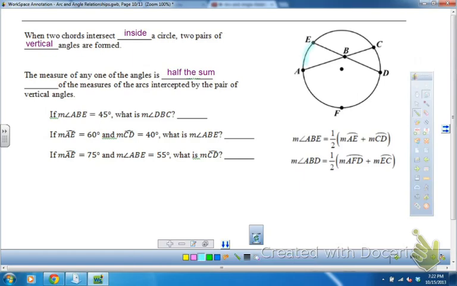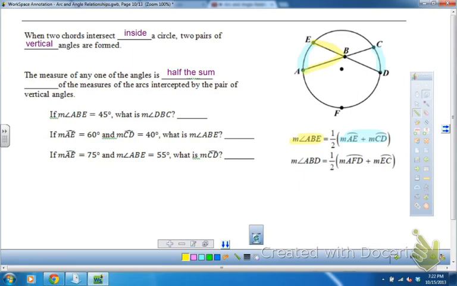So if you have arc AE here and arc CD right here, if you add those two arcs together and get their sum, and then you take half, that will give you the measure of this angle AEB.